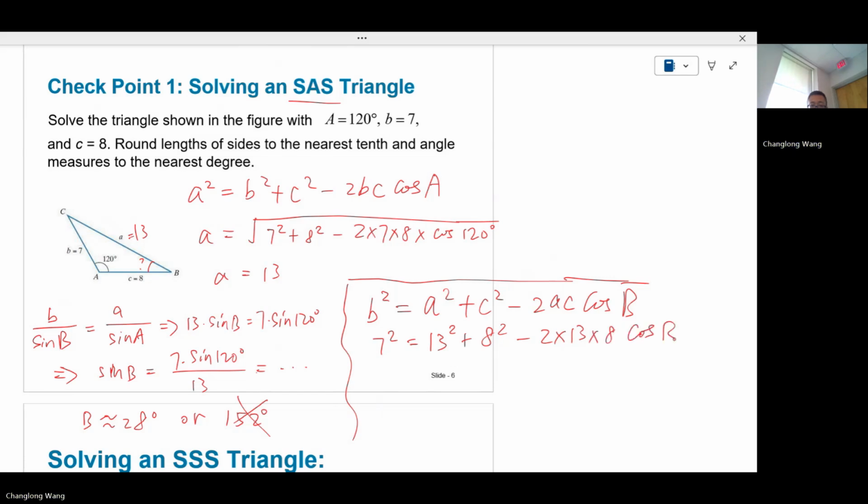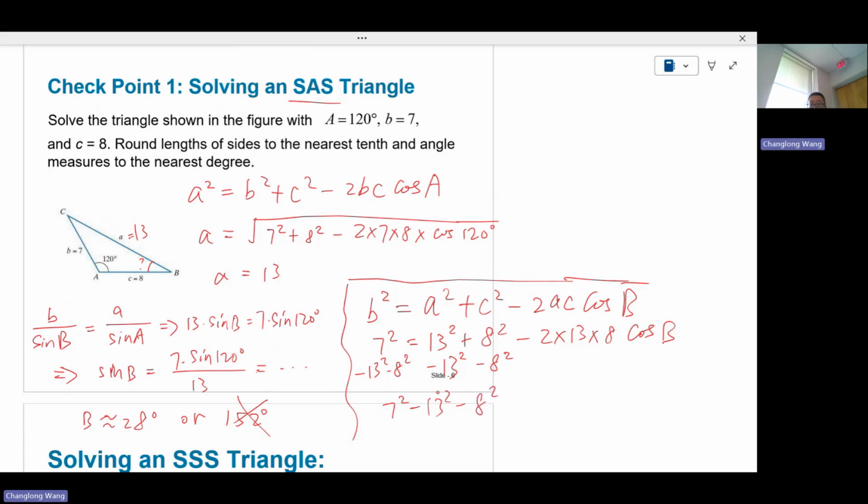Cosine B. How would you solve for the cosine B? Let's subtract 13 squared and 8 squared from both sides. Right, so those two are gone. So we're left with 7 squared minus 13 squared.